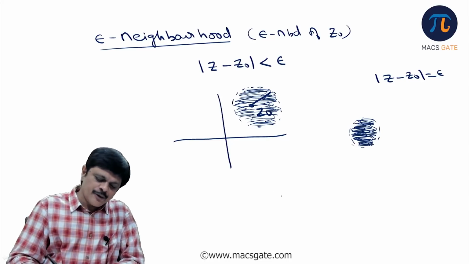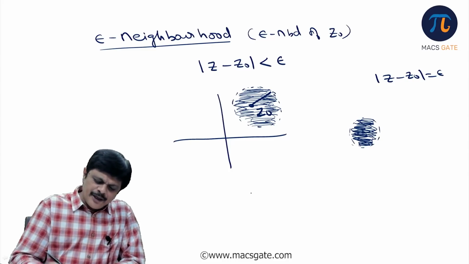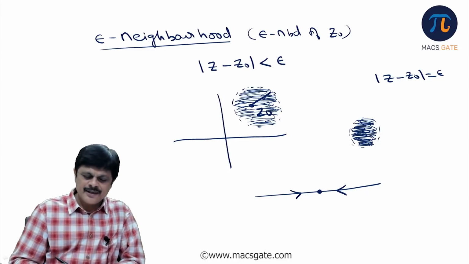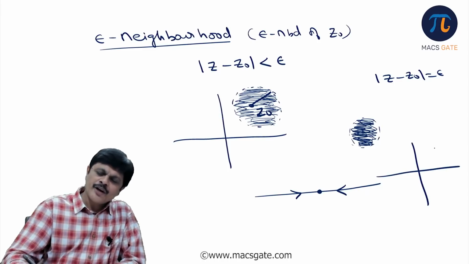My dear friends, we need to understand why we need neighborhoods of a point. In real analysis, when you want to approach a point, you can approach from the left side or from the right side. But in complex analysis, you are on a complex plane, the xy plane.